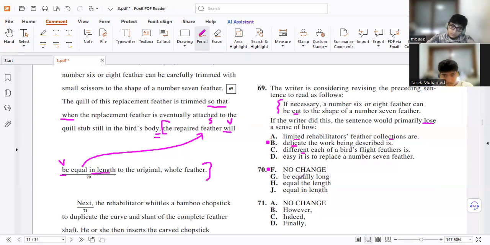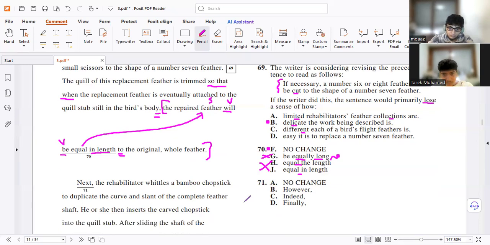If you make it here, it will be awkward, be equally long. So adjective, adverb, adjective, you need a noun. Where is the noun? We don't have one. Again, equal, you need a verb, because we need a clause, subject and verb. So here there is no verb. Look. So you need a verb. So H and F. So it's about the structure, not meaning. Feel it? Yep, makes sense. 71 is hard. Try.